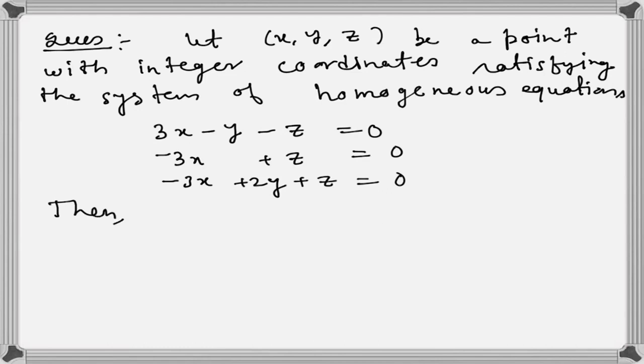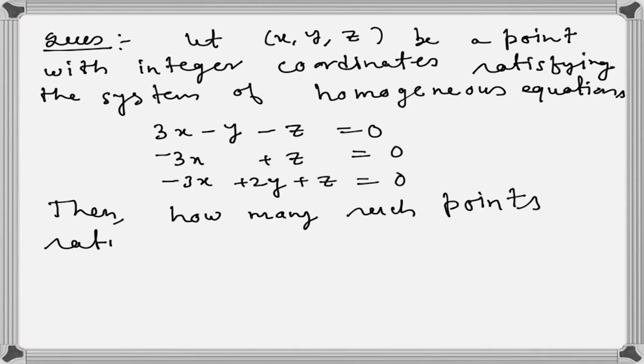Then how many such points satisfy x square plus y square plus z square less than or equal to 100. Okay, so let's solve this.